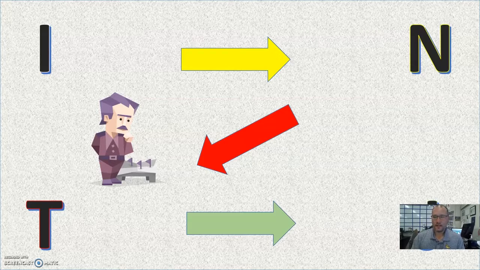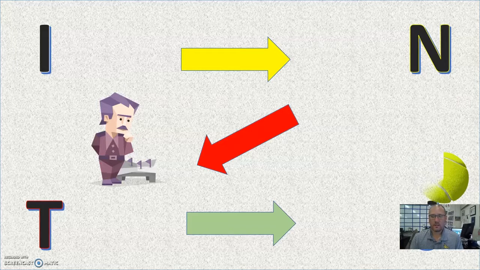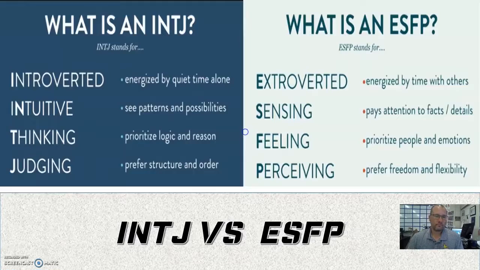The I in INTJ stands for introversion. The N is intuition. The T is for thinking, and the J is for judging. On the next slide, I'll explain what the difference is between that and what the opposite personality for me would be.